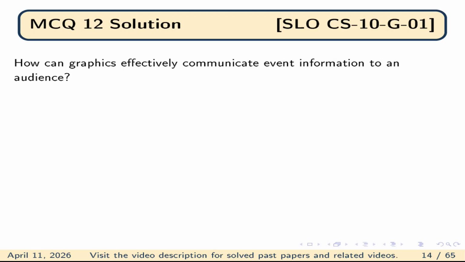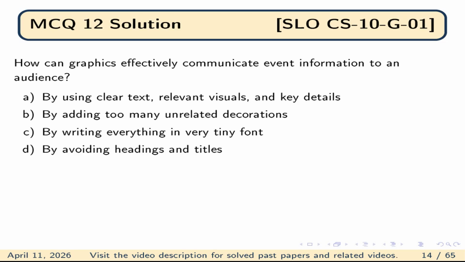Question number 12. How can graphics effectively communicate event information to an audience? By using clear text, relevant visuals, and key details; by adding too many unrelated decorations; by writing everything in very tiny font; by avoiding headings and titles.